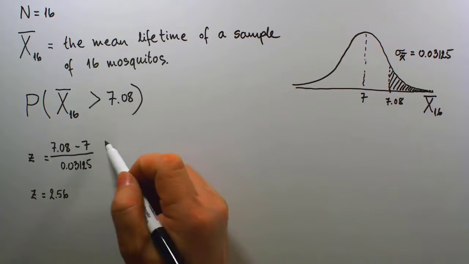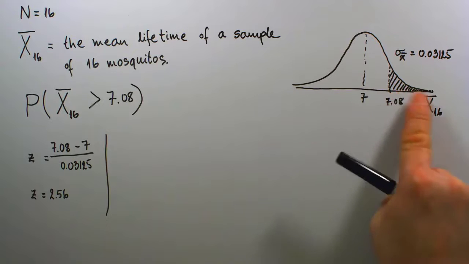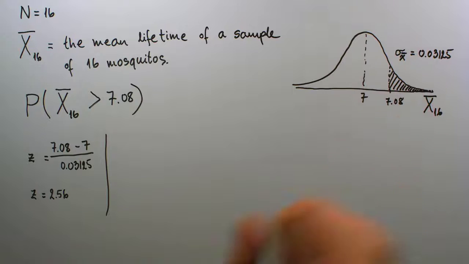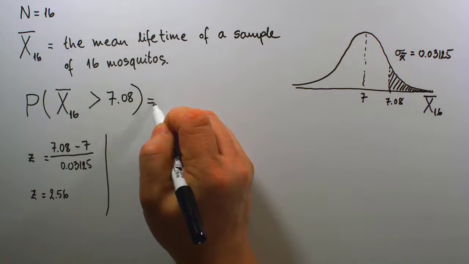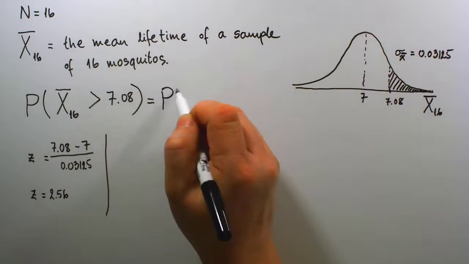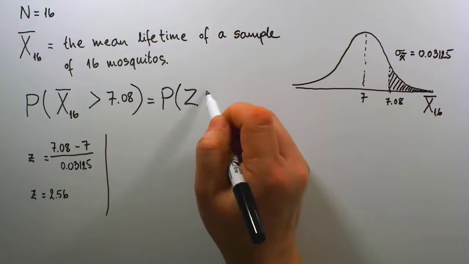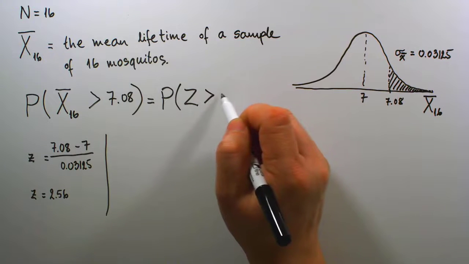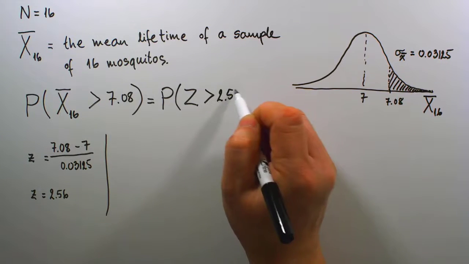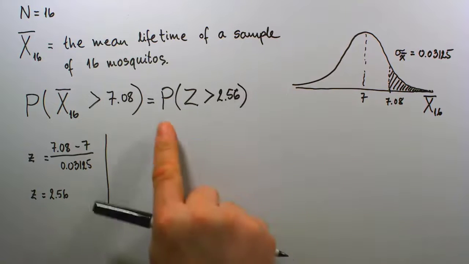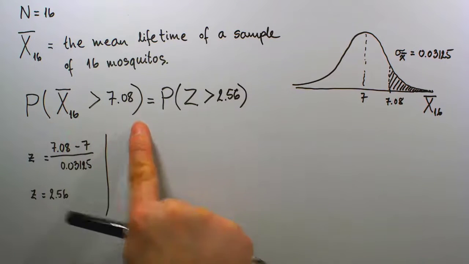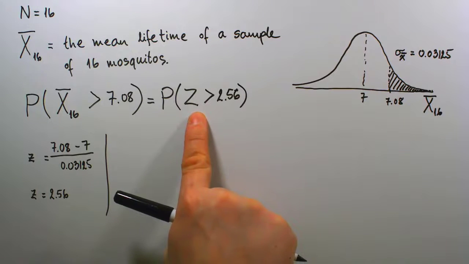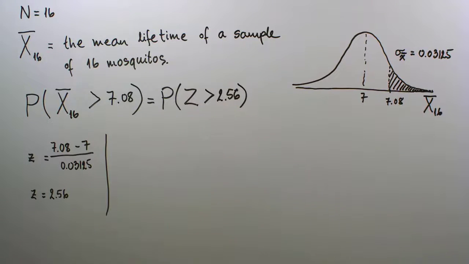So that means this area on our current bell curve shaded to the right hand side of 7.08 is equal to the area on the standard normal distribution bell curve where we're shading to the right hand side of z-score 2.56. Or formally speaking, this probability is equal to the probability on the standard normal distribution that we find a z-score greater than 2.56.